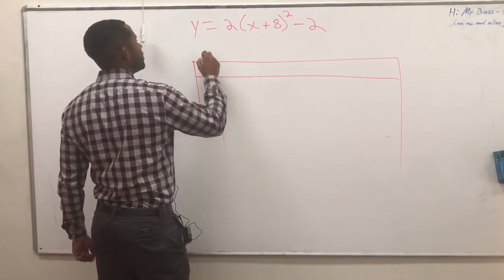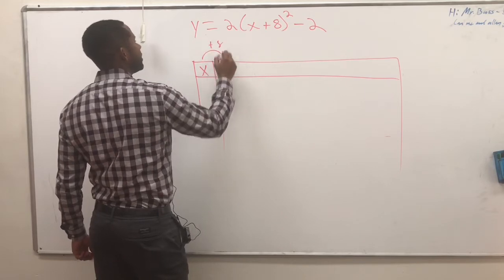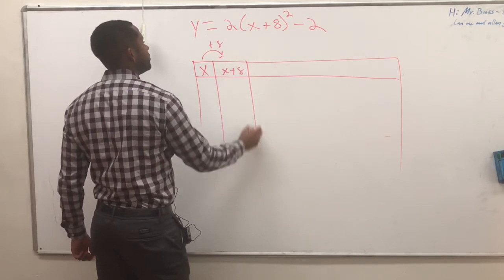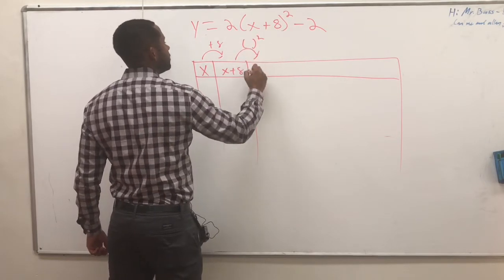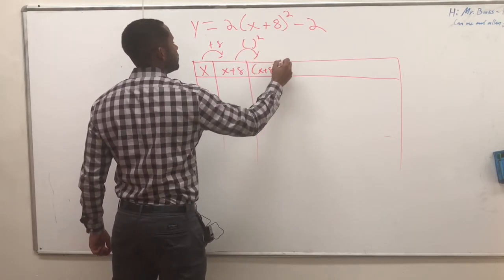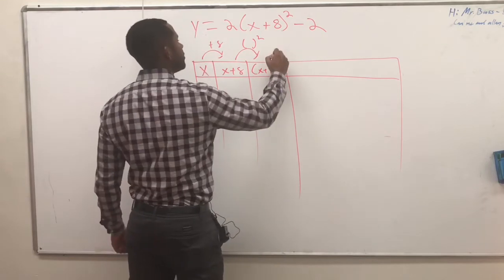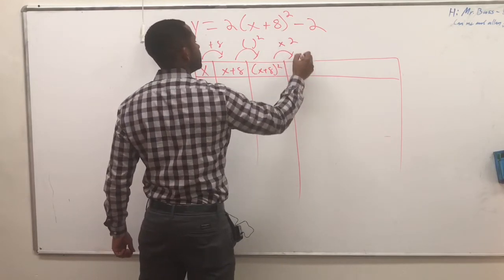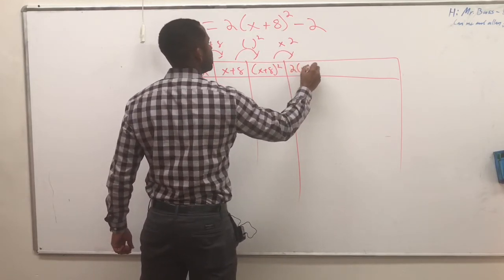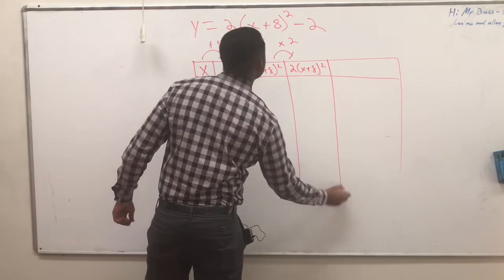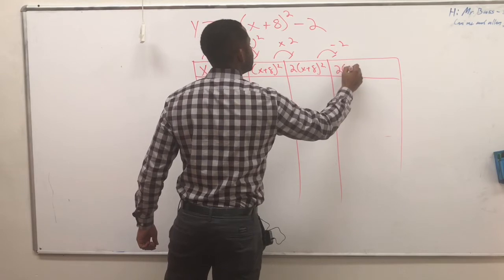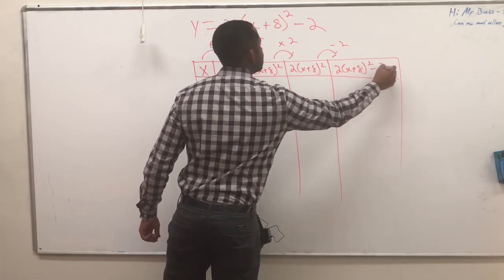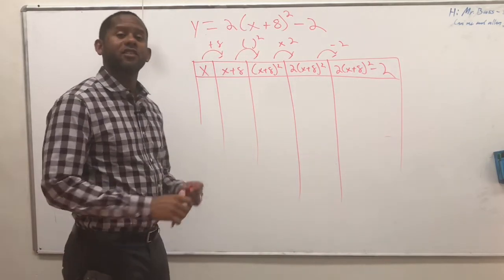We got x plus 8 squared times 2 minus 2. Okay, so hopefully you built that Gema table.